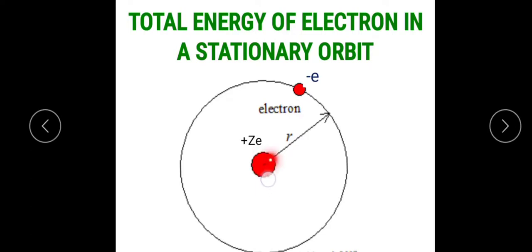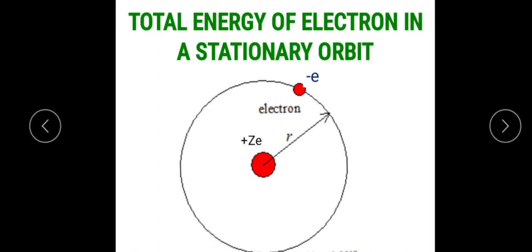If there is a charge, definitely there should be a space around the charge, an electric field. If another charge enters that field, it experiences a force, if it is within the field around the nucleus or other charged particles.